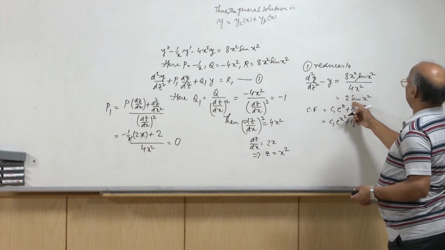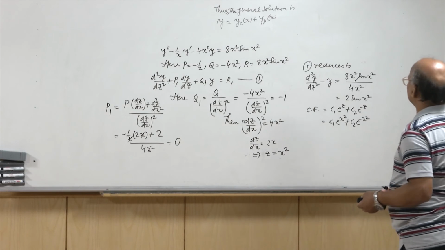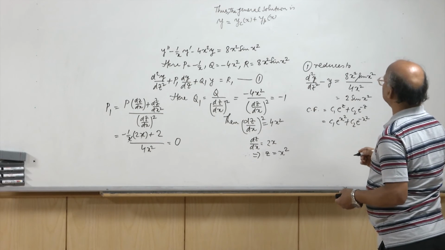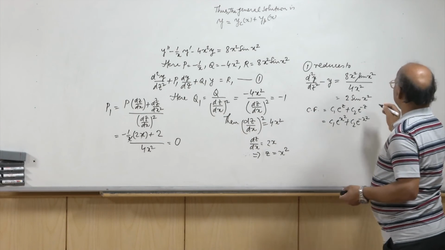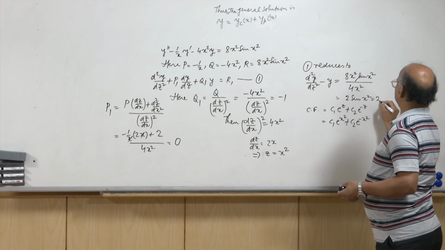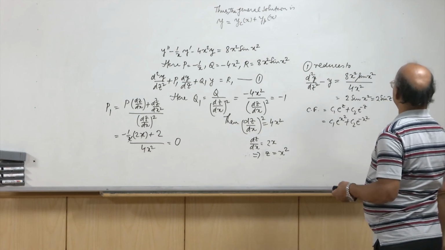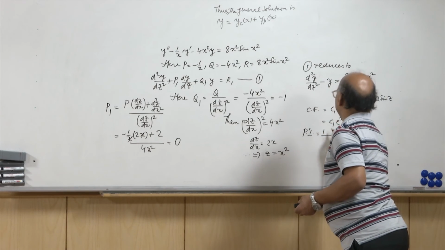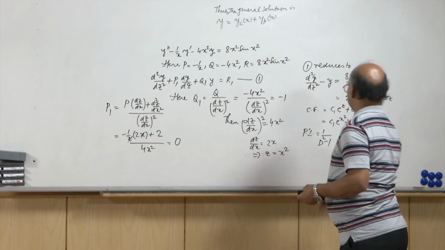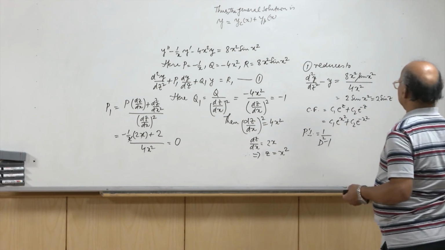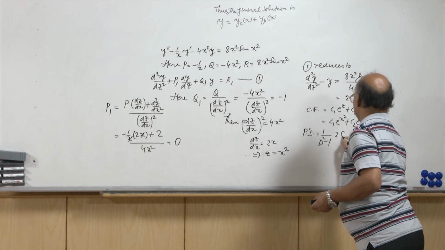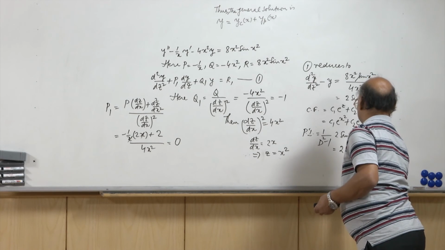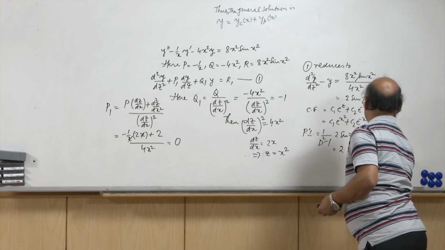Now, in order to find the particular integral, the right hand side of this equation, which is a linear differential equation with constant coefficients, x has to be changed to z. So, we have 2 sin z because z is equal to x square. So, particular integral will be 1 by D square minus 1, where D here represents d over dz. So, 1 over D square minus 1 operating on 2 sin z, and this will be equal to 2 times 1 over D square minus 1 operating on sin z.